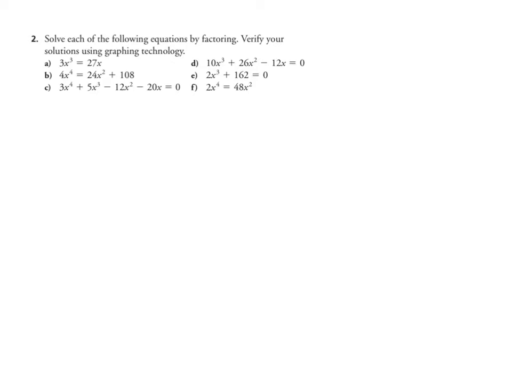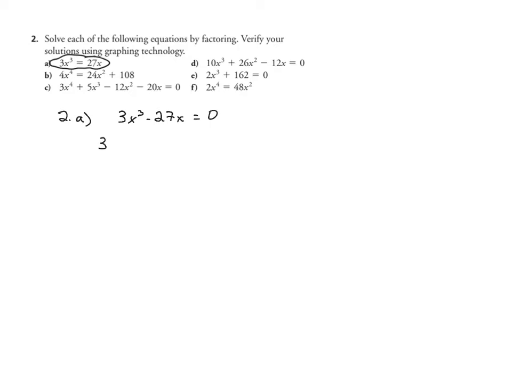All right, 2A. Here we don't have any y variable. We just have x variables, and we're asked to solve. So let's just shove everything to the left right away. So we got 3x cubed minus 27x equals 0. Now factoring, first thing you want to do is take out a common factor.